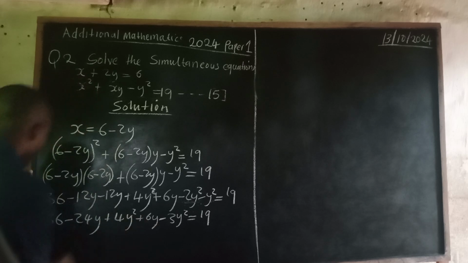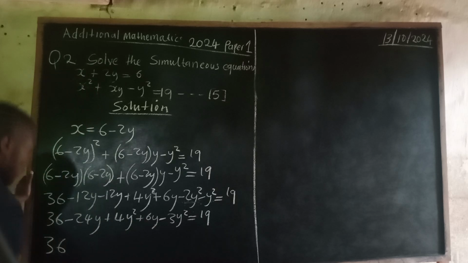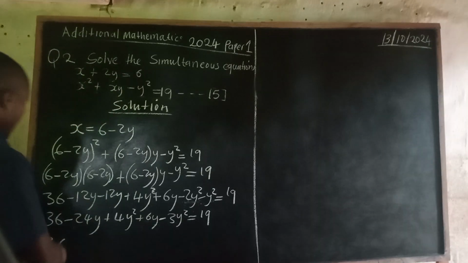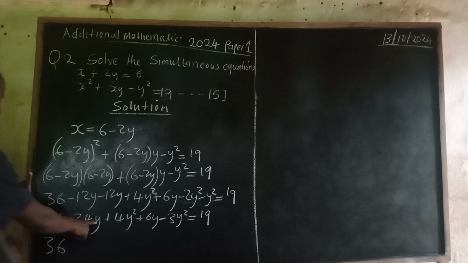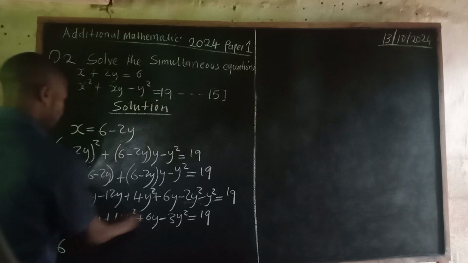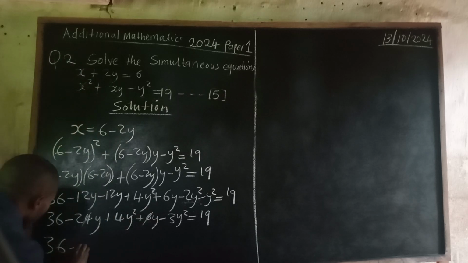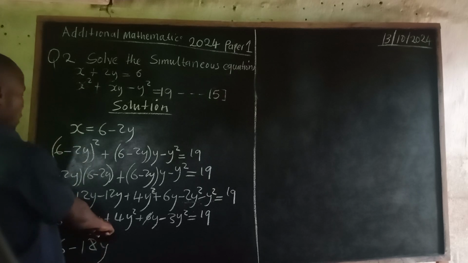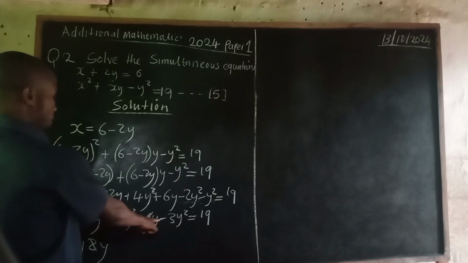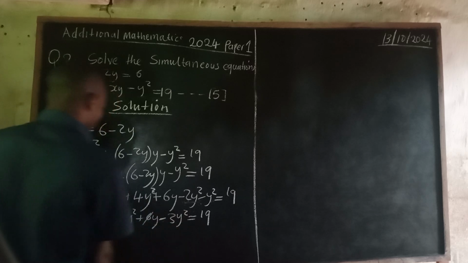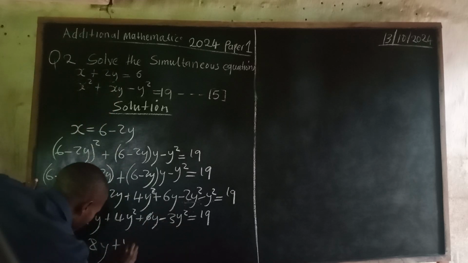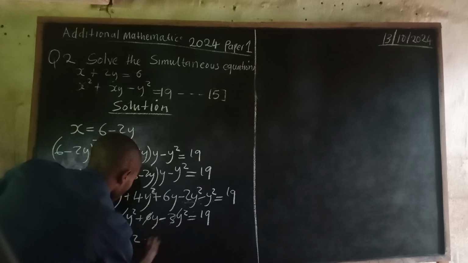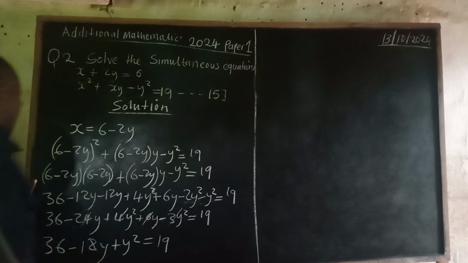We keep the 36. Then negative 24y plus 6y gives negative 18y. Then positive 4y squared minus 3y squared, the answer is positive y squared, equals 19.